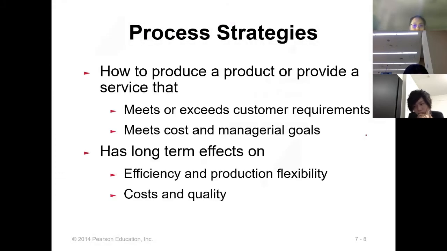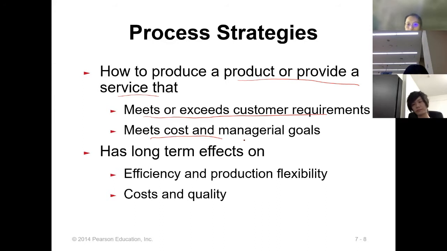The question to be answered when you think about process strategy is how to produce a product or provide the service. That means what kind of processes we should use. Of course, it will meet this goal, to meet or exceed customer requirements, cost and managerial goals.